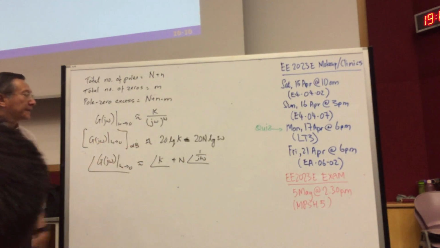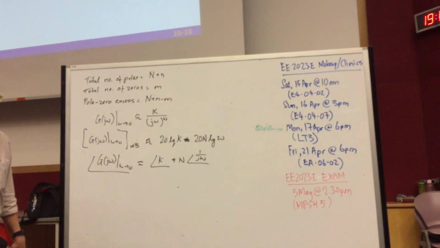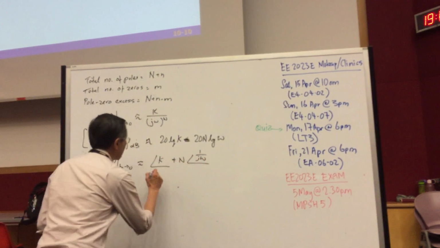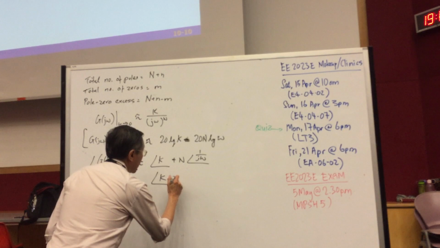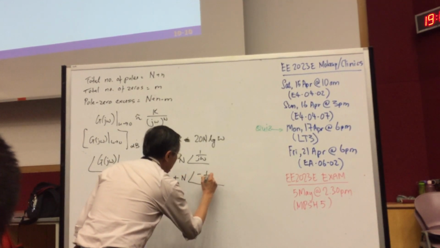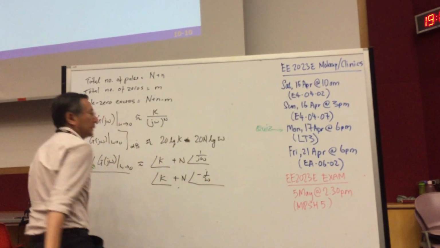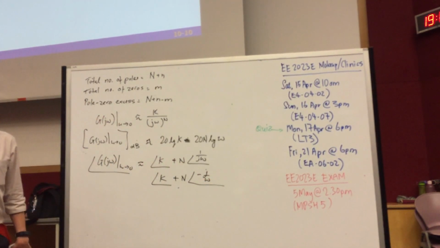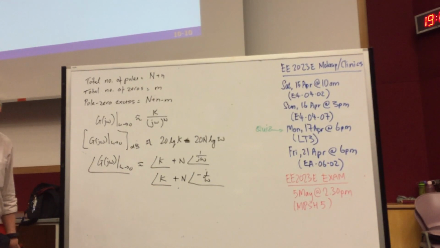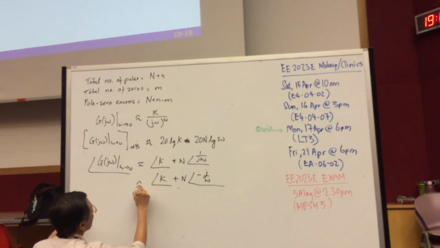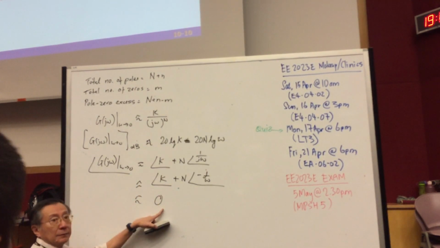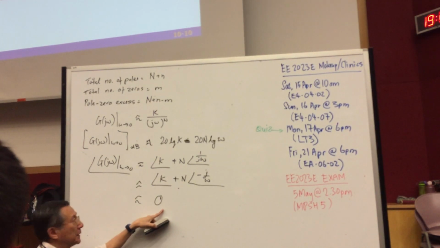Because it's N times. And what is this guy? Minus j is pointing downstairs, right? This is the constant, so this is 0. Real number, constant.